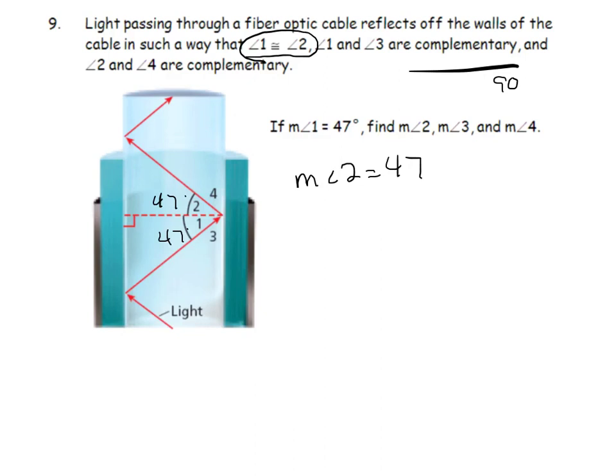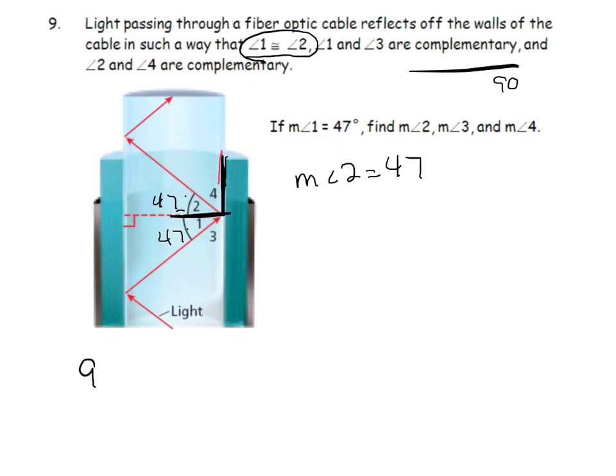Now all we have to do is take care of this complementary business. They say that 2 and 4 are complementary. Sorry, you guys, that was a bad color to pick. We don't have anything better. 2 and 4 are complementary. That means that they add to equal 90 degrees. Well, if one of them is 47, how do I find its complement?